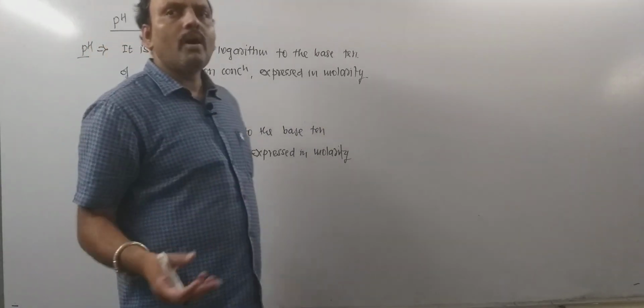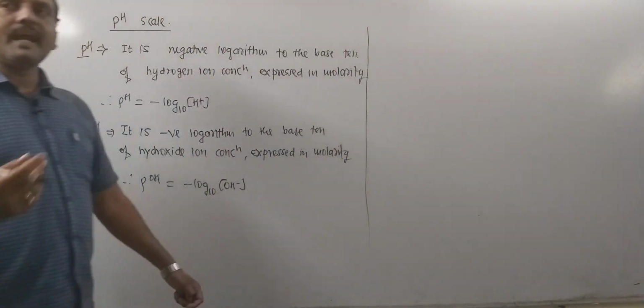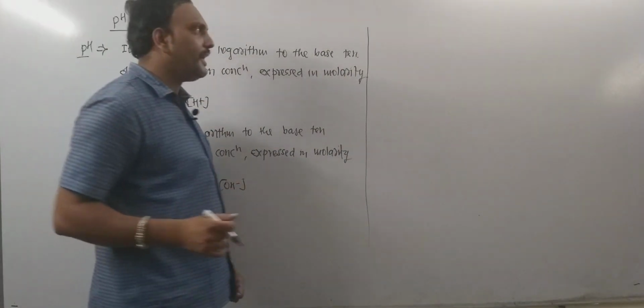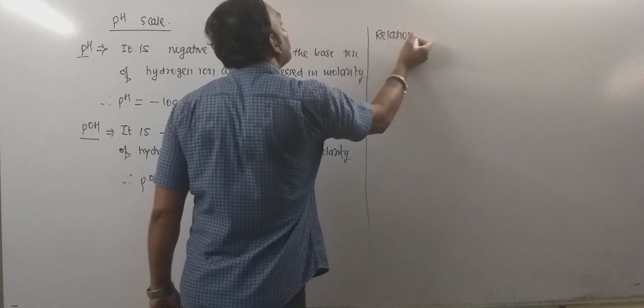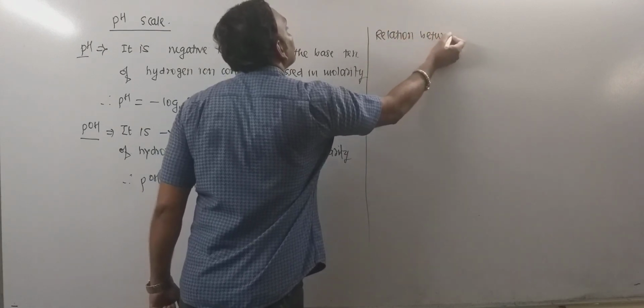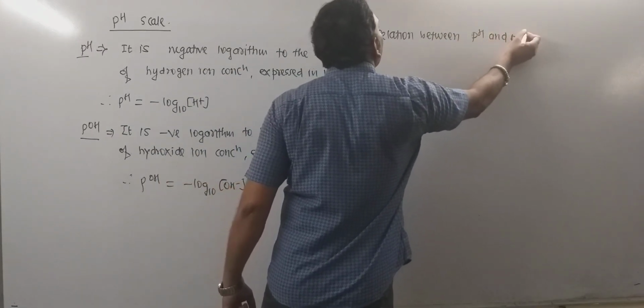Now for a solution, remember pH and pOH are closely related. Now we need to see the relation between pH and pOH.